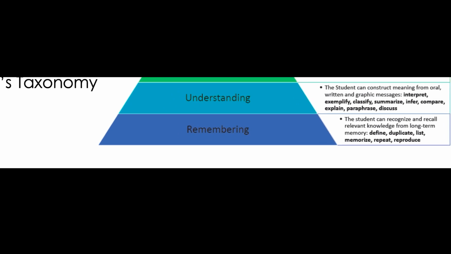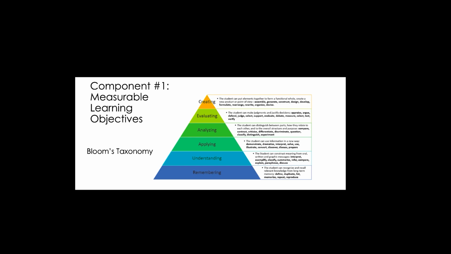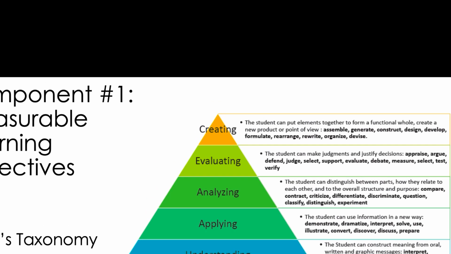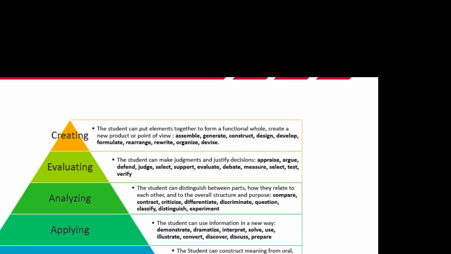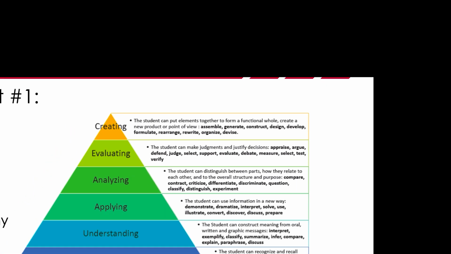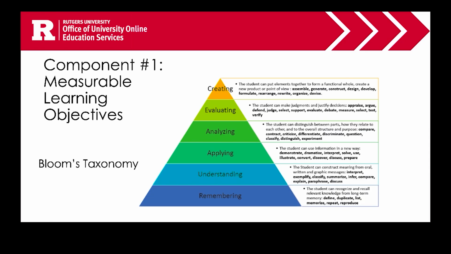A higher level learning activity, such as evaluating or creating, sits at the top of the pyramid. The bolded words describe student activities within that category that can be measured and assessed and therefore make for good learning objectives. Let's look at a few examples of good and bad learning objectives.